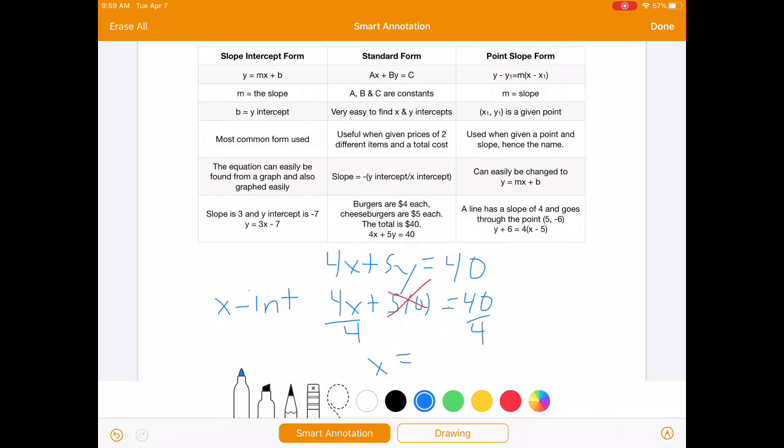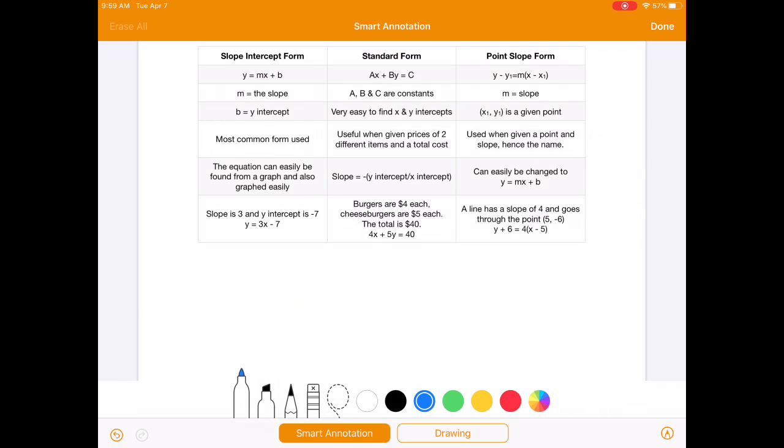So the x-intercept would equal 10 in this point. What that basically means is if you only bought burgers and no cheeseburgers at all, you could get 10 burgers total. If we want to find the y-intercept, we do a simple approach.